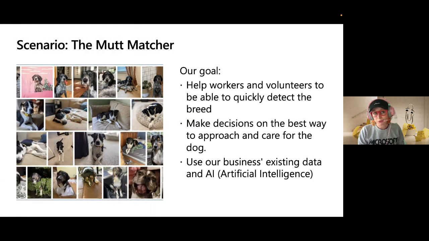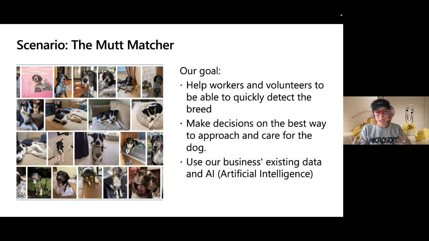Okay, so now I need you to play pretend for a second. Let's imagine the following scenario. We are going to walk through a little example of how all these pieces fit together using an awesome open source repo that I will share the link for called the Mutt Matcher. And our goal here is three different things.